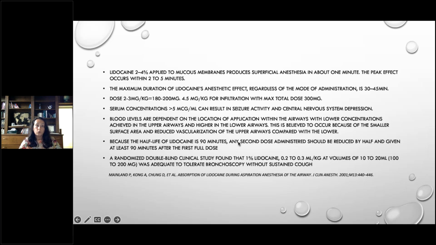So one of the more latest studies, well, not very late, but the study that is cited quite a bit, and I guess the more common recommendation comes from this study of Maryland. They were comparing different concentrations and different volumes.